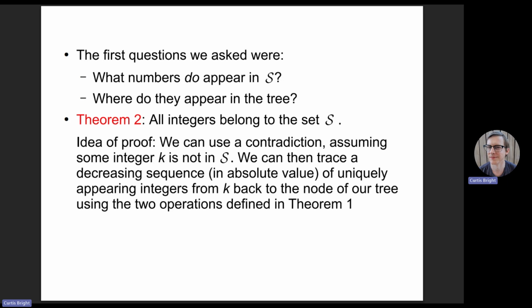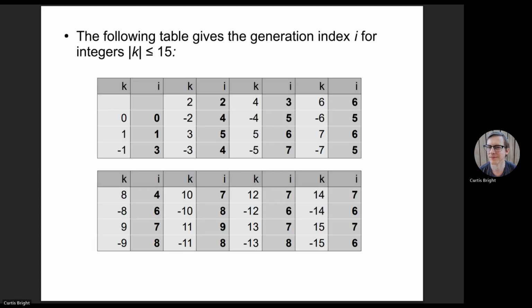And this is just a simple contradiction. If we assume that some integer k is not in the set, we can trace a decreasing sequence in absolute value of uniquely appearing integers backwards all the way to the node. So if some k wasn't there, everything that came before it couldn't be there, including the node, and then we get a contradiction. So we're able to see that every integer does belong to the set S.